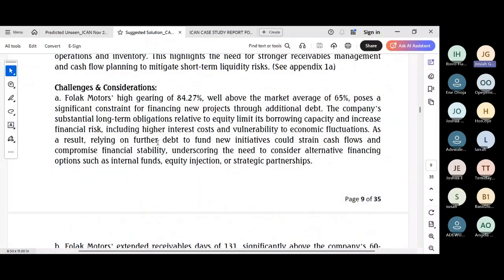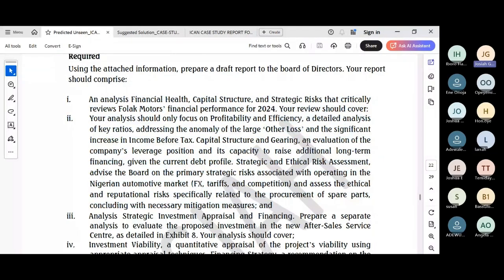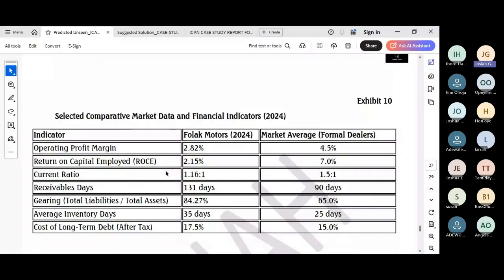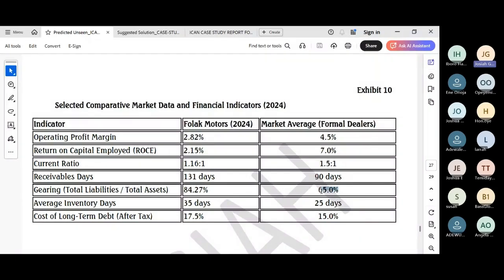Yes, please, go ahead. You said gearing was 84% as against the industry average of 65%. Is that a generalization or was it specified? From the scenario, if you look at what we computed, even though most of the data were based on the prediction, you'll see that gearing here is 65%, but based on the selective market data, this is 84%.